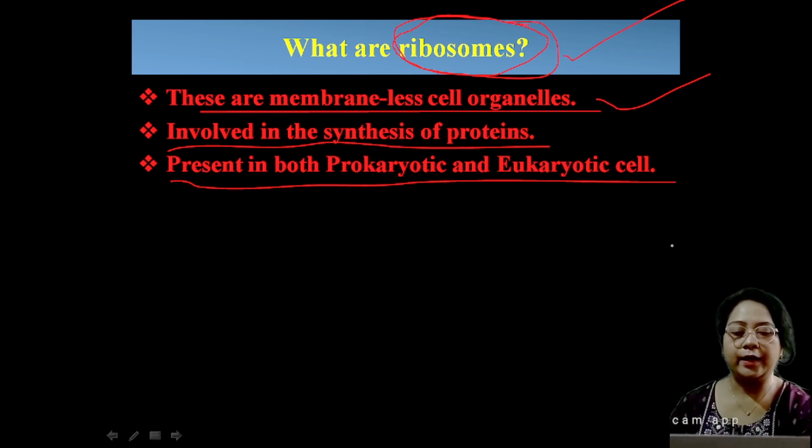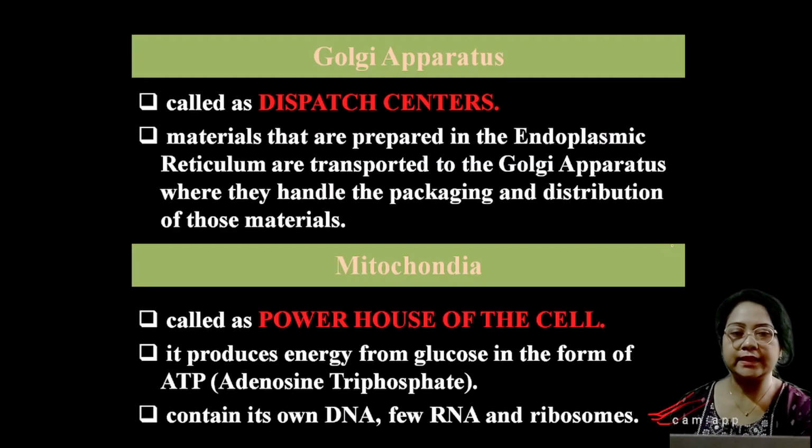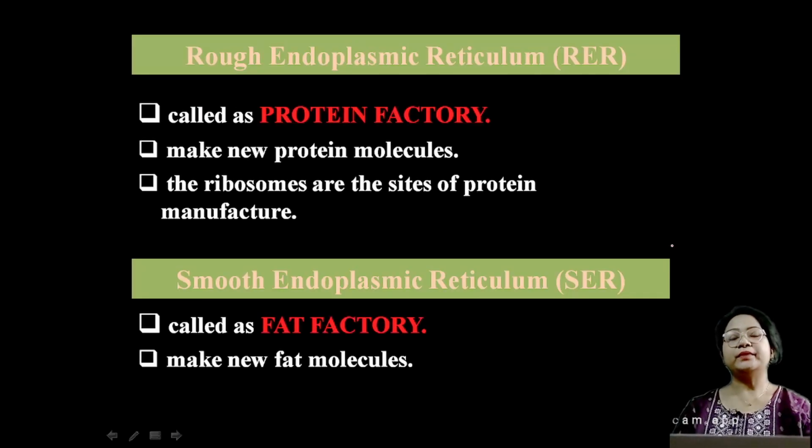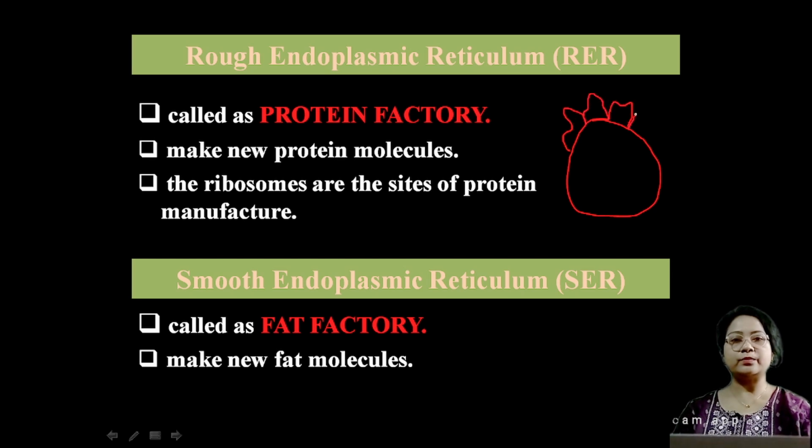Okay, now we'll see from the very beginning what we covered today. We covered the endoplasmic reticulum. The endoplasmic reticulum is attached to the nucleus. Suppose this is the nucleus of the cell, and the rough endoplasmic reticulum we can see attached in this way along with the smooth endoplasmic reticulum.